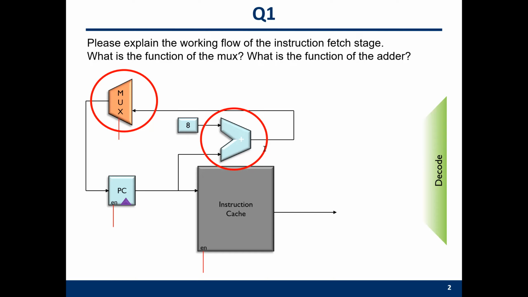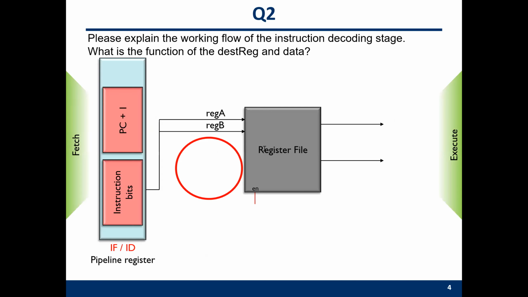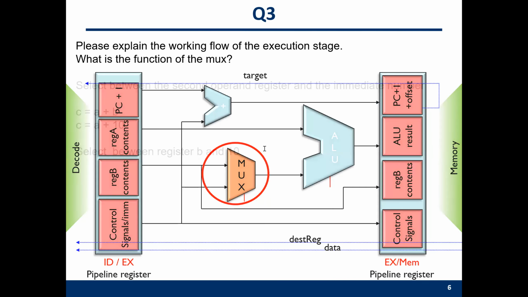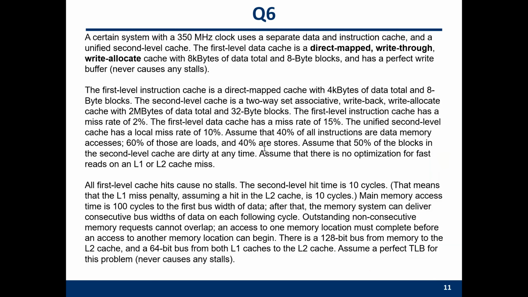I think the major part will be the five-stage pipeline and the average memory access latency. I released question 6 in homework 4.